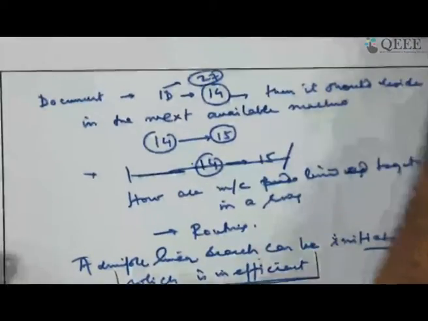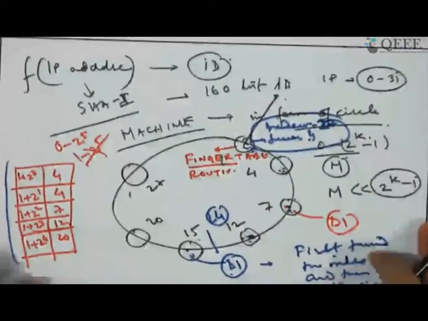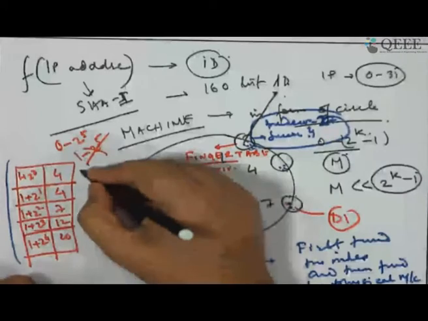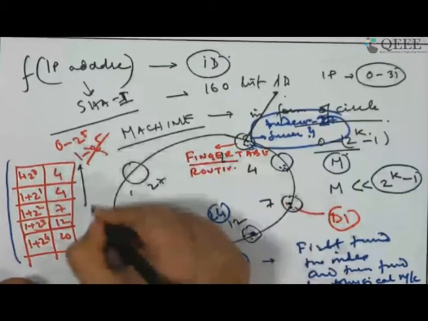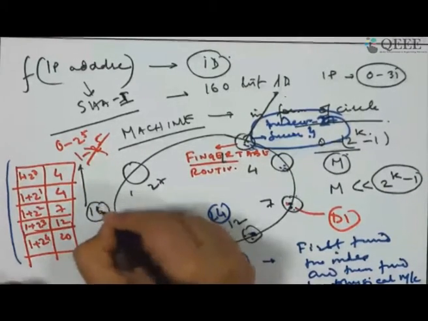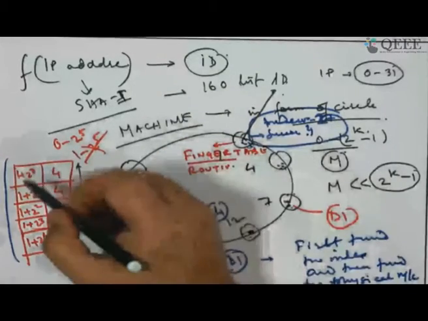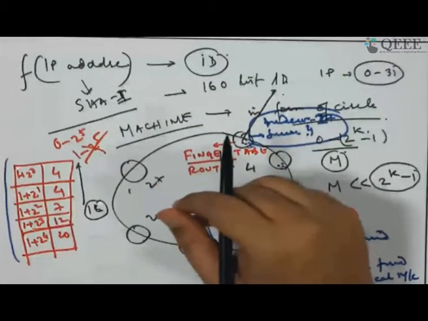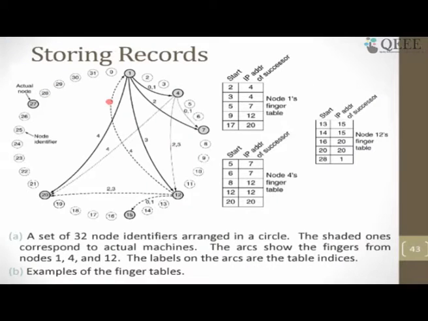Let us again go back to this routing table and talk about 14. I know 14 is between 9 and 17.